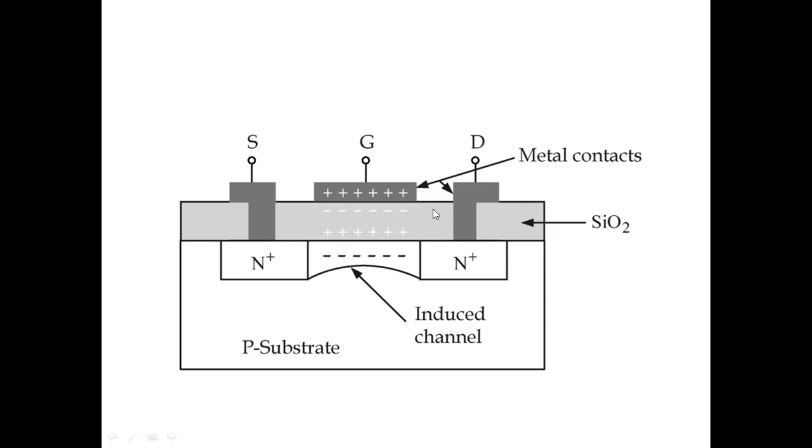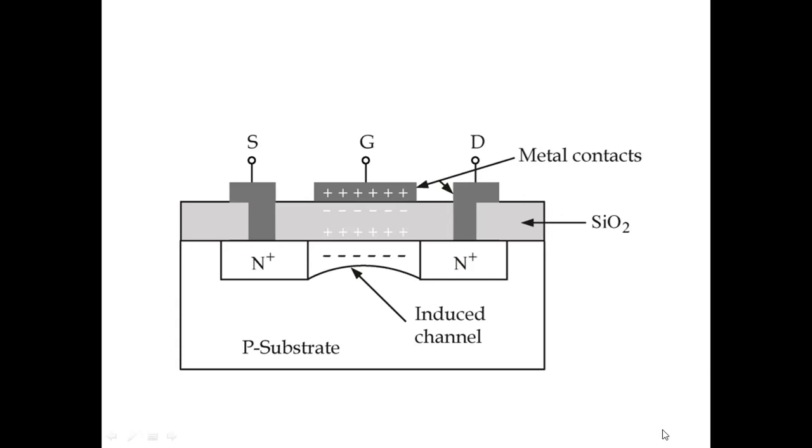This positive voltage allows the electrons to flow from source to drain. Okay, this positive voltage is used for electrons to flow from source to drain. Now, hence it operates with positive gate voltage only.